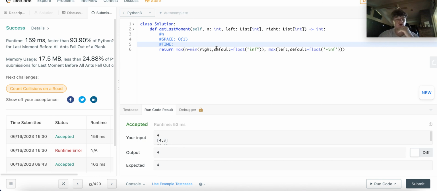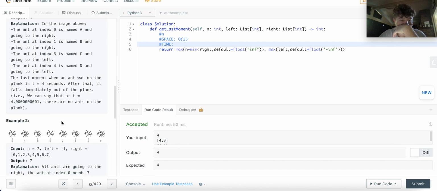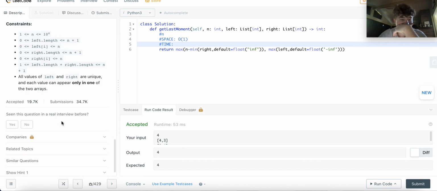Well, actually, I don't know. Can theirs be stacked? I didn't look. They're all unique and they can only appear in one, so left plus right can at most be n. So for time, all the operations to find the value we're looking for in right and in left, we only have to do once, and left plus right can be at most n.